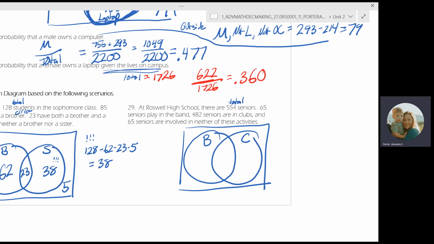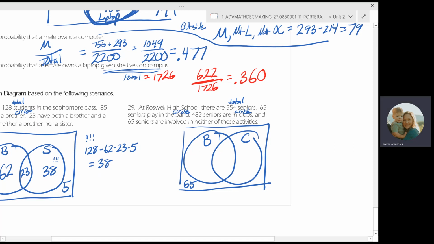65 is a circle for the band. 482 is also a circle. And 65 are involved in neither. And you may be like, well, how am I going to get this overlap? Well, again, we have a total of 554.